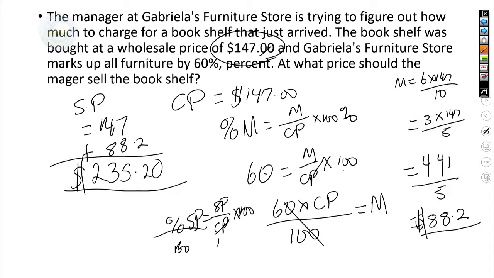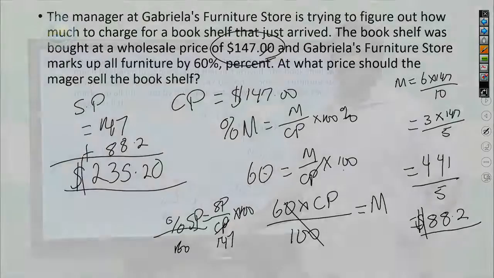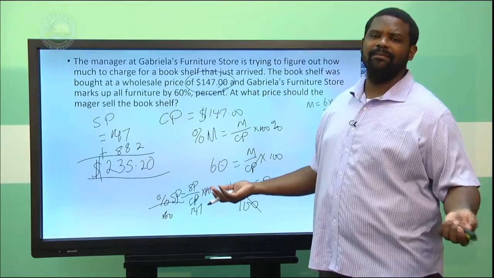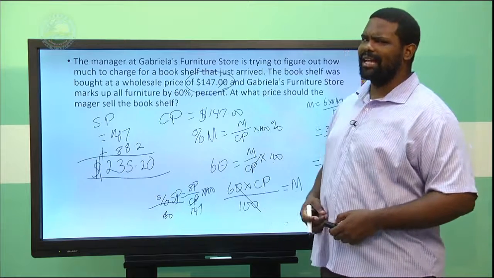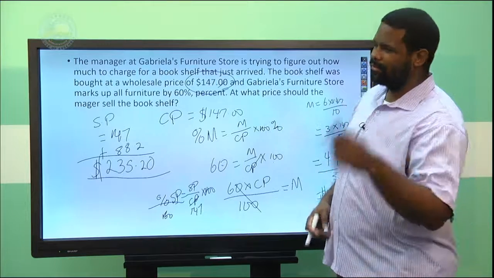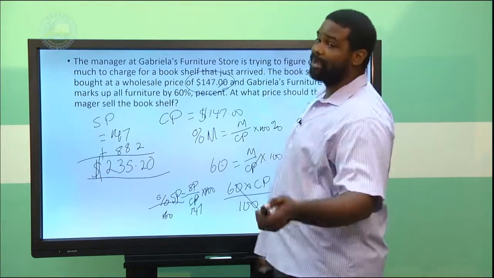This will be 147. And then we could just transpose and solve. Same khaki pants. Work it out. Let me know what you get. Maybe I made a mistake. Maybe I didn't. Try it for yourself and see. Did sir make a mistake in his calculation? I want you to try it and let me know.